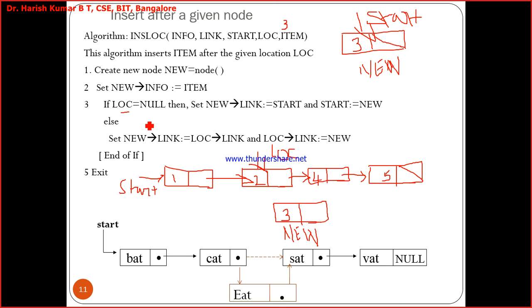Now how to do that? See here, new arrow link is equal to location arrow link. Location is pointing to this node. Now using this location, if I access this field, the address of this node is already stored in it. Correct? You get it. Now you are storing the address of this node here. Okay, so something like this.